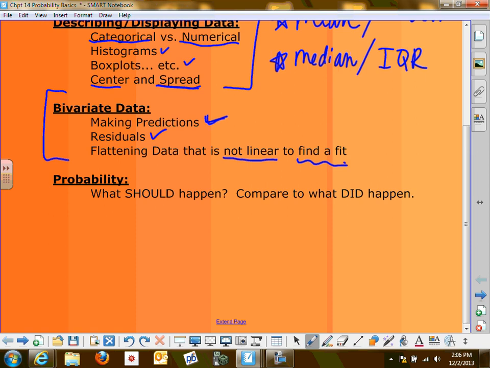Okay. All that has led down this path to what we are doing today. And starting, this is chapters 14 through 17, and we're going to talk about probability so that we can identify what should be happening. What's the chance and the likelihood that something should happen?